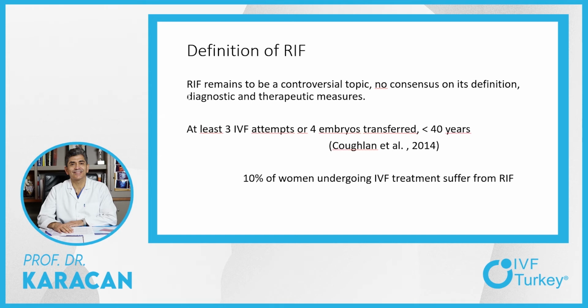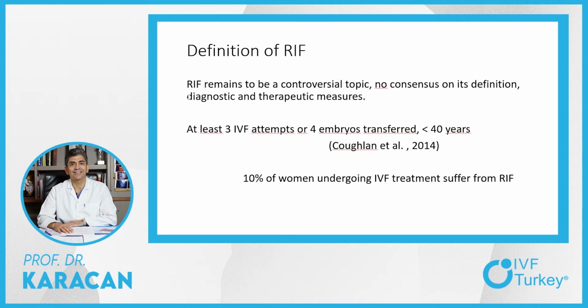So if a woman is over 40, 42, 43, and had 2, 3, 4 IVF attempts, she cannot be classified as having RIF because of the age factor. As the woman gets older, the quality of eggs gets much lower. It's a basic and very important factor in terms of getting pregnant.